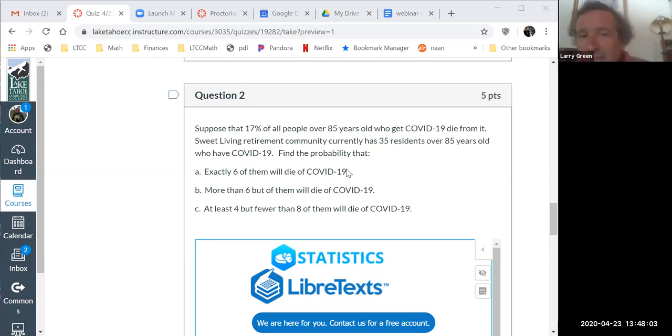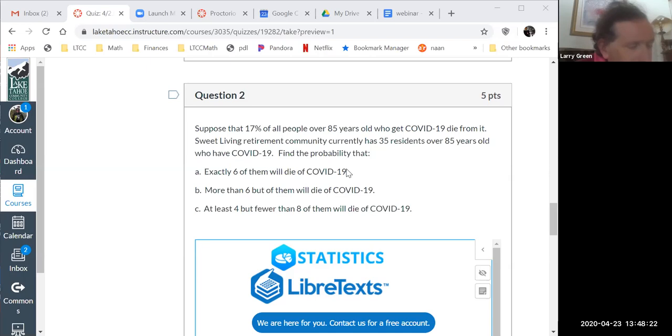So I used one of them that I found that said 17%. Sweet Living Retirement Community currently has 35 residents over 85 years old who have COVID-19. Find the probability that exactly 6 of them will die of COVID-19.